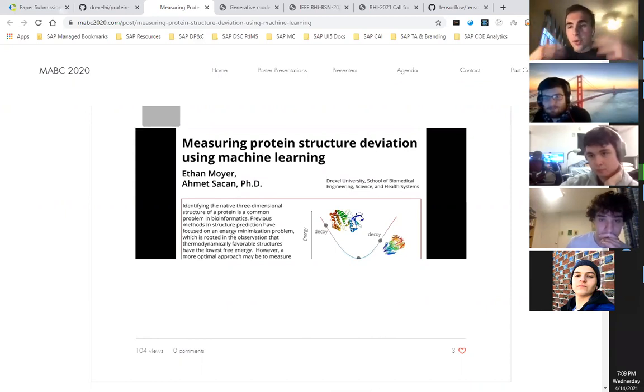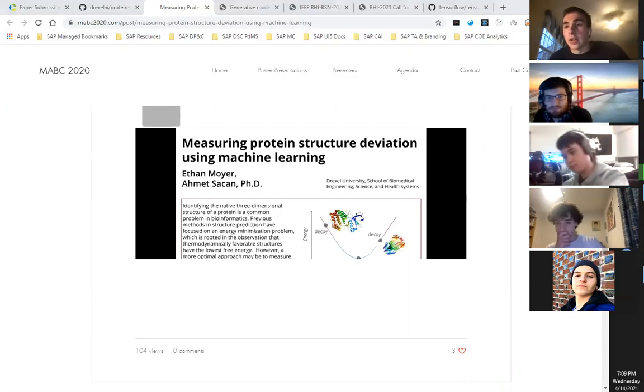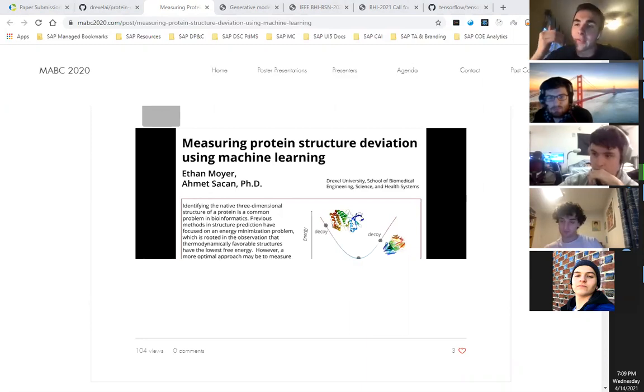But after you do some training, you iteratively make the randomizing in the protein structure larger and larger until you get to a very unfolded protein, and then the autoencoder can reconstruct it. So you're effectively training an autoencoder to reconstruct progressively more unfolded proteins. That would be the idea.